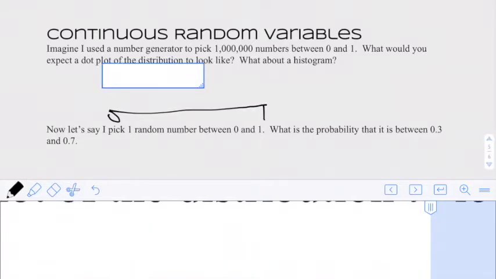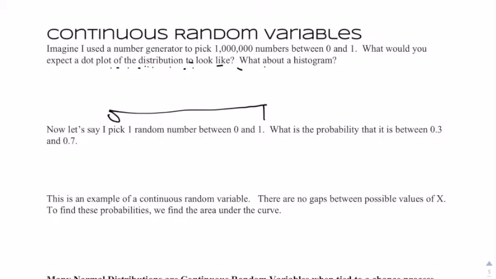So every time I would pick a number, even though I do this 1,000,000 times, I would probably never pick the same number. So a histogram is going to look like a perfect rectangle.